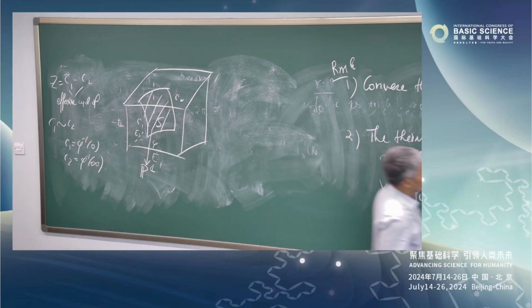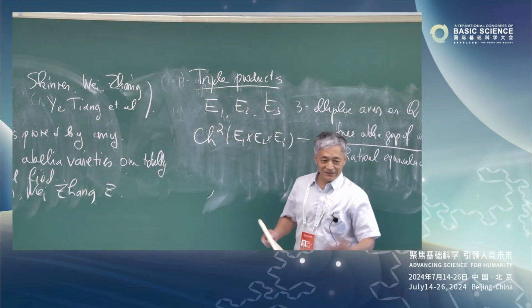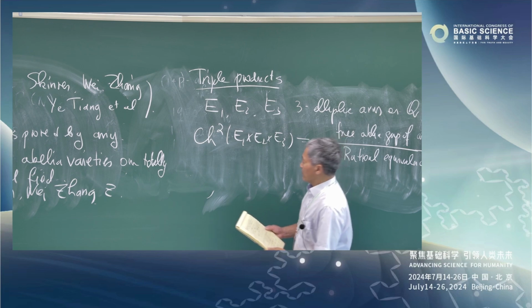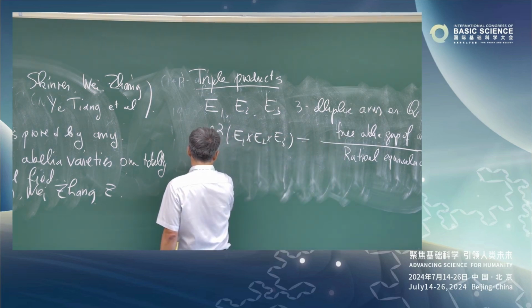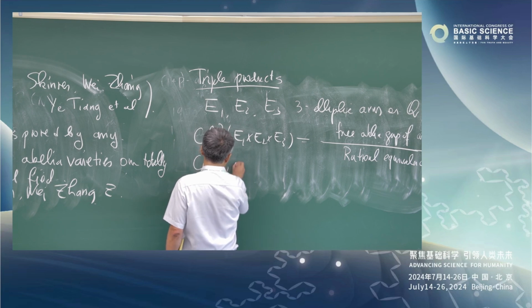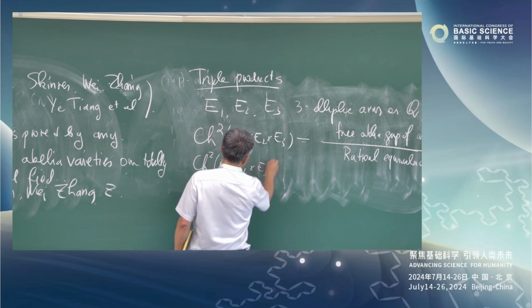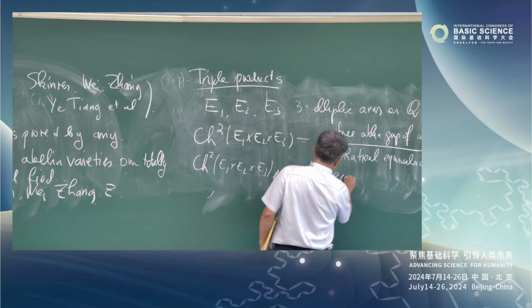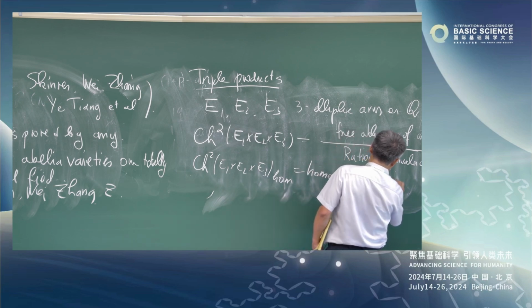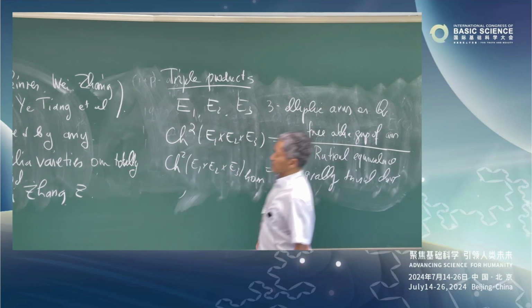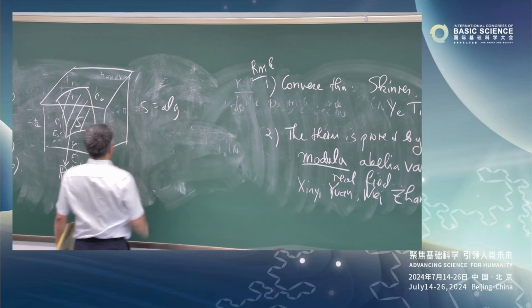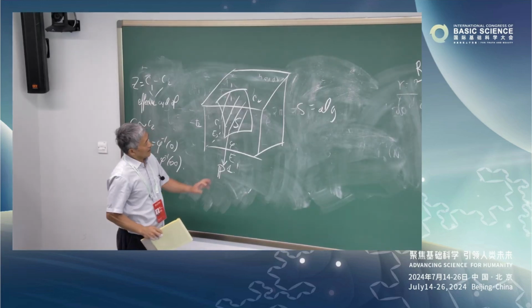This space is what people really want to study. For example, the Tate conjecture and the Hodge conjecture are for homology classes. But what we care about is the homologically trivial classes. Homologically trivial means that S need not be algebraic.